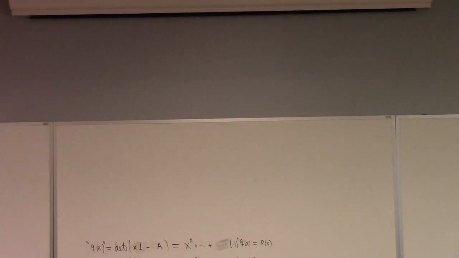All right. So, diagonalization of a matrix. Given a square matrix A, let's say in R, n by n, though we could just as well talk about a complex n by n matrix.